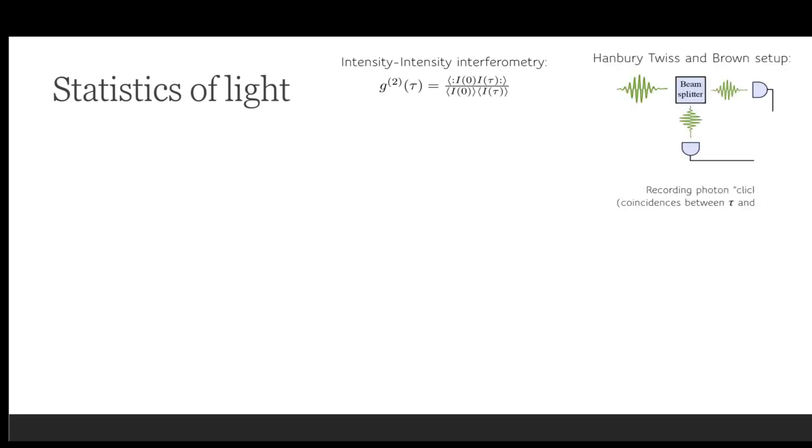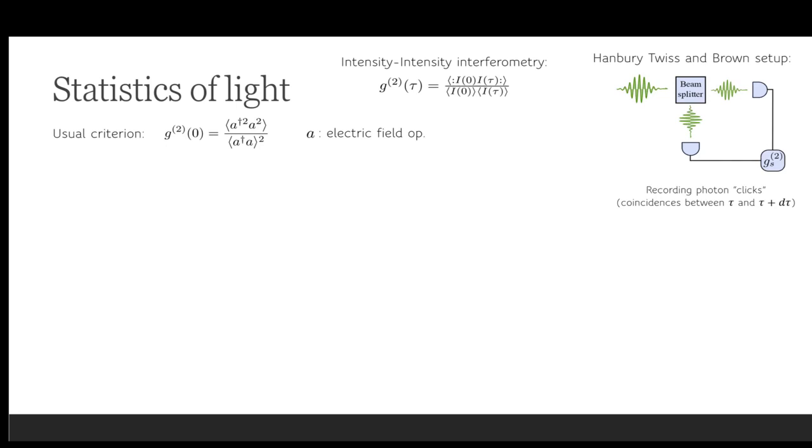The usual way to measure it is to have a Hanbury Brown and Twiss setup. We split the signal in two and measure the coincidences at the detectors, and then we calculate the correlation between them. So this is the coincidences between the photons that are separated by a certain time interval tau.